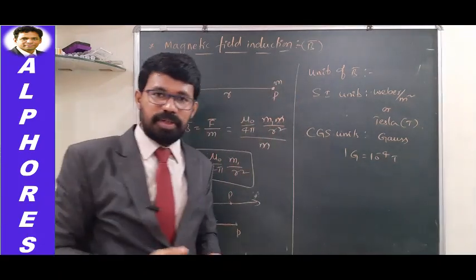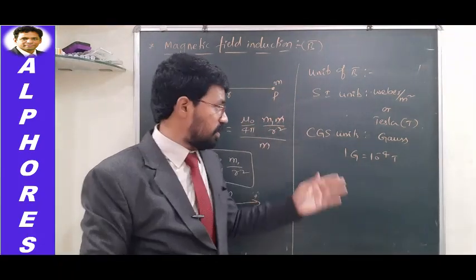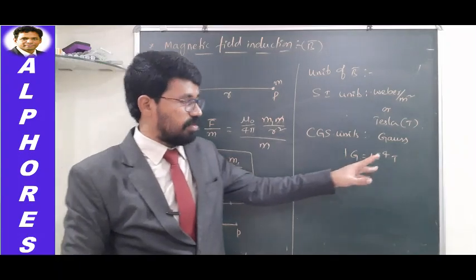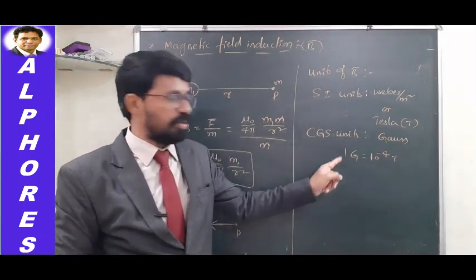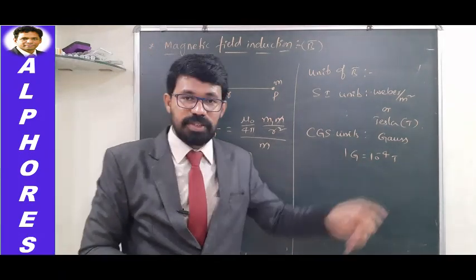This conversion is important for solving numerical problems, as sometimes we need to convert from Tesla to Gauss. 1 Tesla is equal to 10 power 4 Gauss, so 1 Gauss is equal to 10 power minus 4 Tesla.